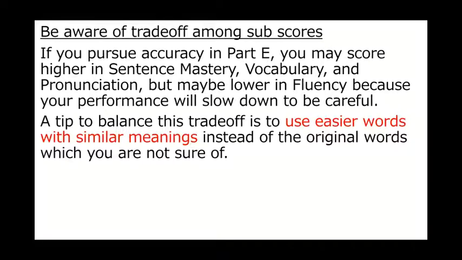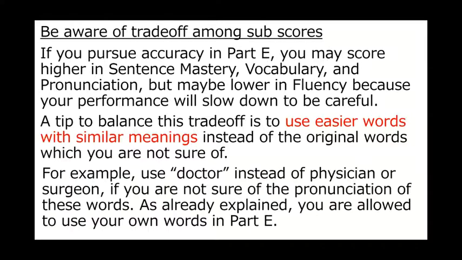A tip to balance this trade-off is to use easier words with similar meanings instead of the original words which you are not sure of. For example, use doctor instead of physician or surgeon if you are not sure of the pronunciation of these words. As already explained, you are allowed to use your own words in Part E.